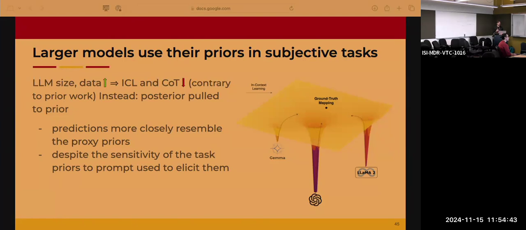The larger models may be doing better task recognition and may have better priors, but in terms of doing actual learning, as the name in-context learning suggests, we see a decreased ability to do so, as predictions more closely resemble the proxy priors of the models compared to the ground truth. And despite the sensitivity of the task priors themselves to the prompt used to elicit them, we saw consistency is as low or as high as for in-context learning.